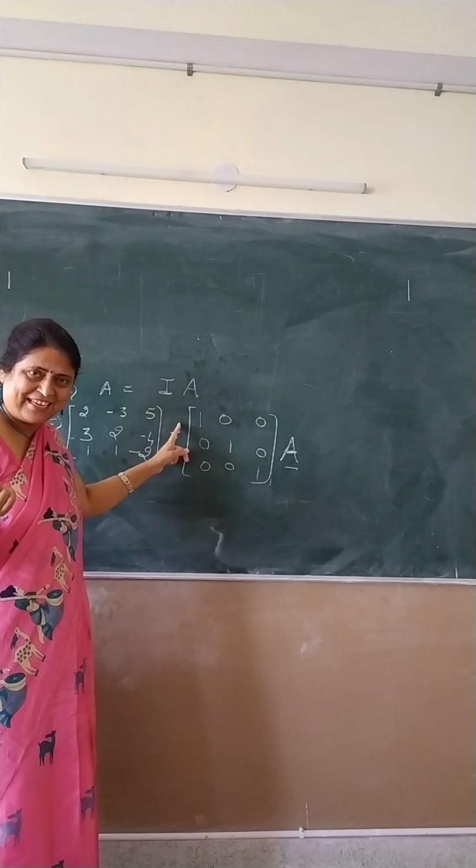Therefore, first step, you have to make this entry 1. There are so many options. By subtracting R1 from R2, you will get 1. Or by dividing, you can get 1.